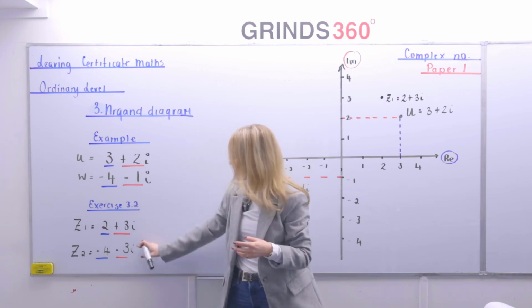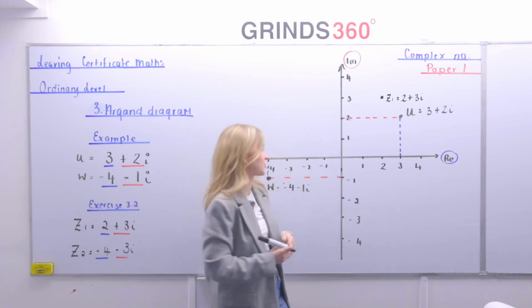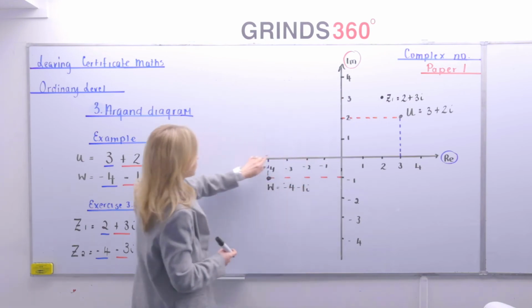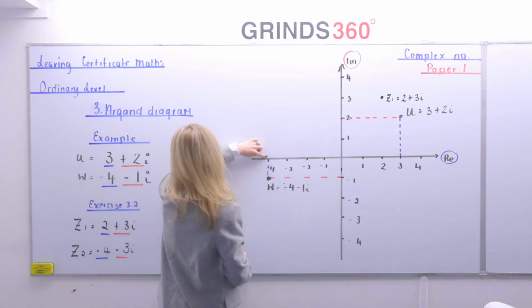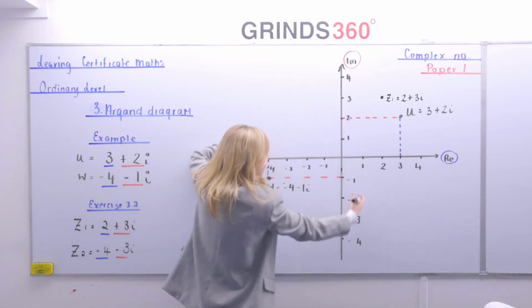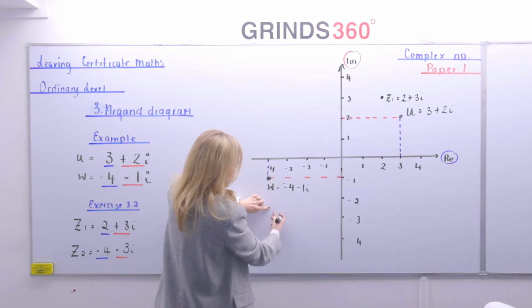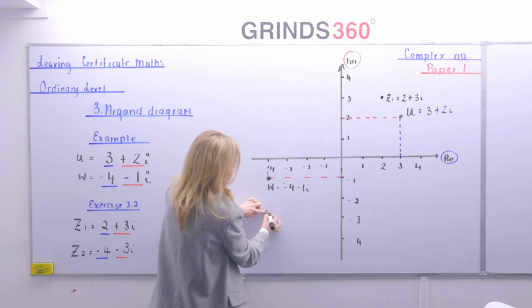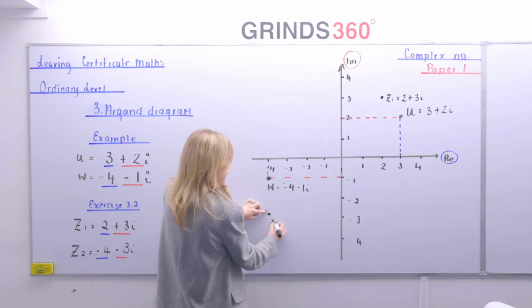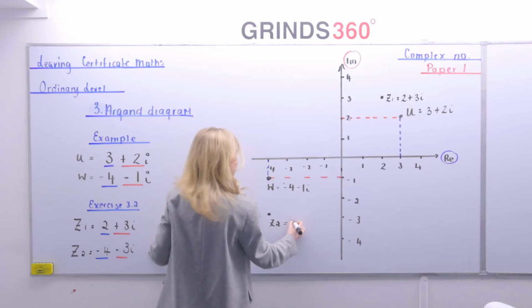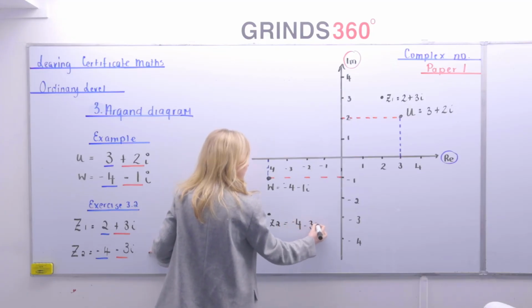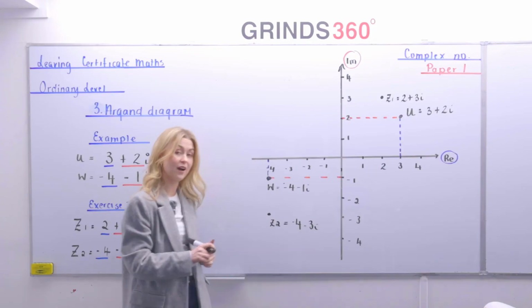Z2 is next. Z2 is minus 4 minus 3i. Here's my real axis, so minus 4 on my real is here, and minus 3 on my imaginary axis is here. So let's join them all. So that is approximately there, and that there is Z2. Z2 is minus 4 minus 3i.